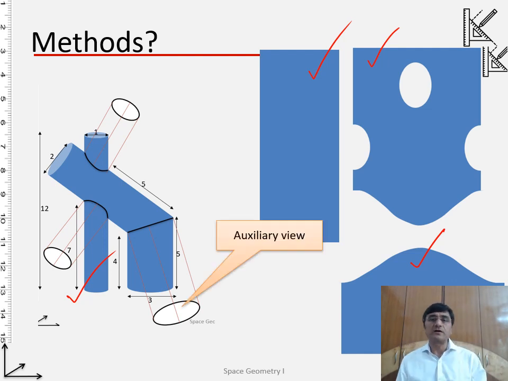The very first method which we'll discuss is called the auxiliary view. Now we have already seen the orthographic views, along the three principal planes, and these are frontal, horizontal and the side. So this is what we have been doing so far. We are projecting the object on either of these three or all of these three principal planes, and we are generating the orthographic views.